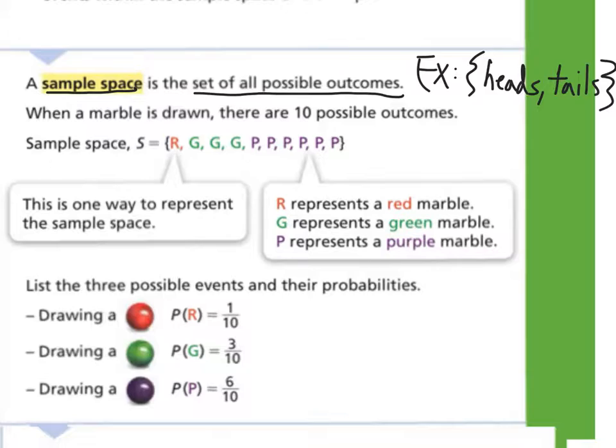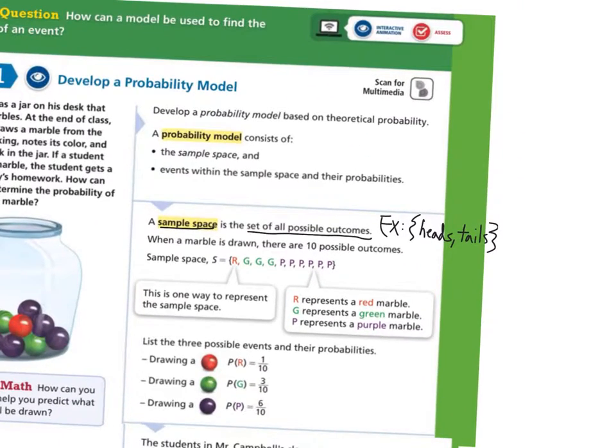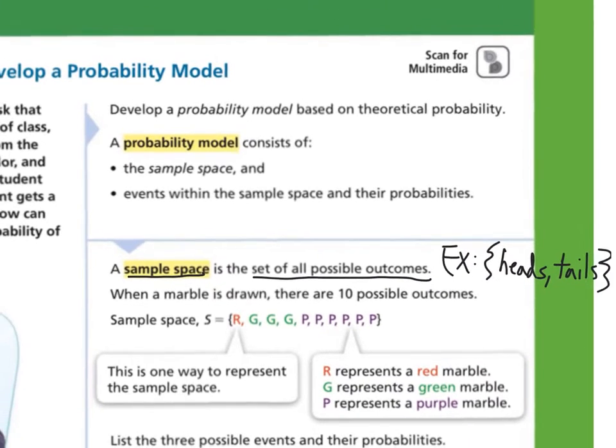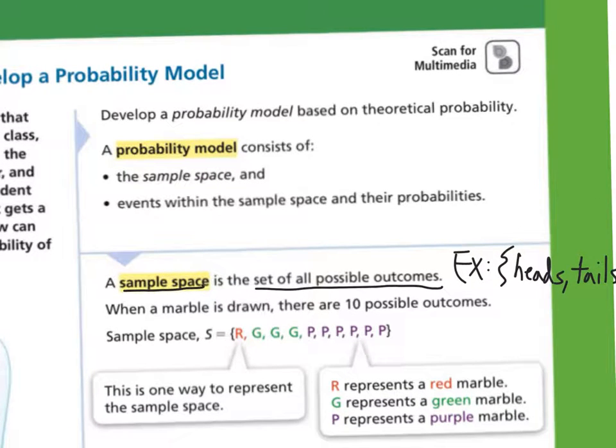If we look right above that, the book talks about the probability model. So a probability model consists of the sample space and their probabilities, basically. For example, if the book said find the probability model for flipping a coin, our sample space would be heads and tails, and then we would also do the probabilities.